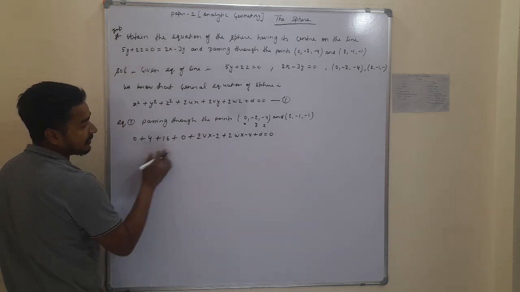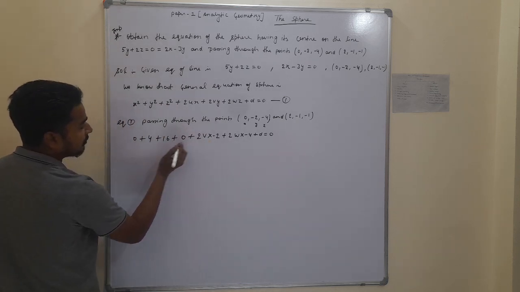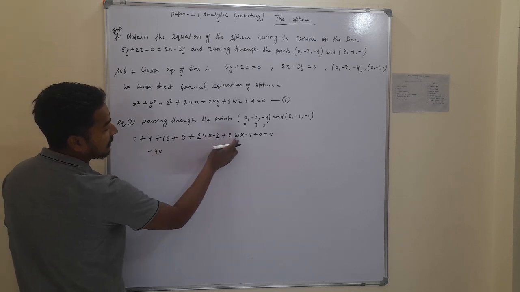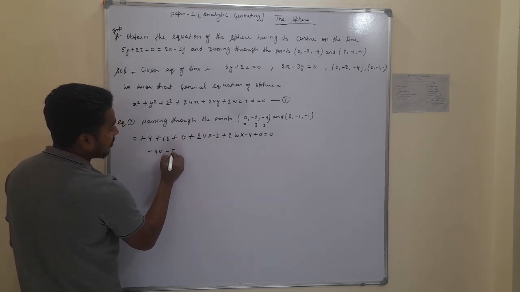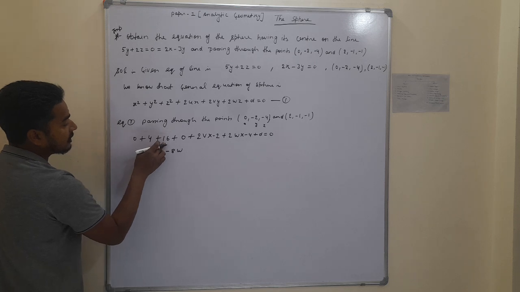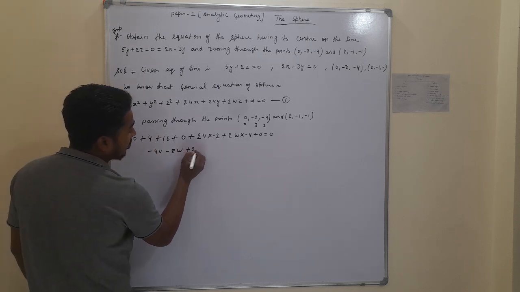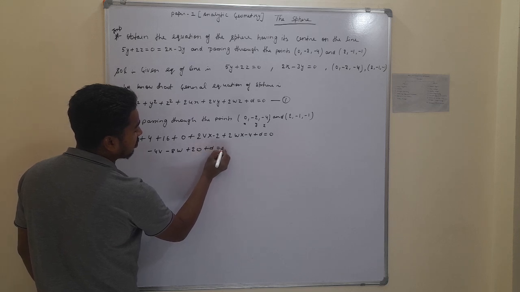When solving we get minus 4v and minus 8w, and 16 plus 4 is 20, plus d is equal to 0.